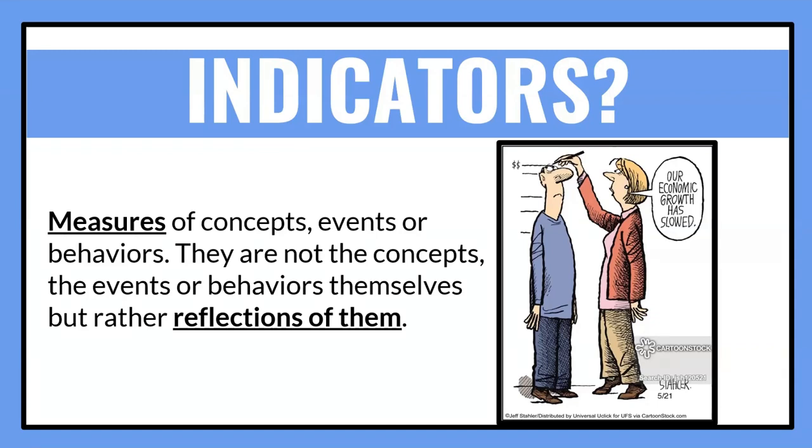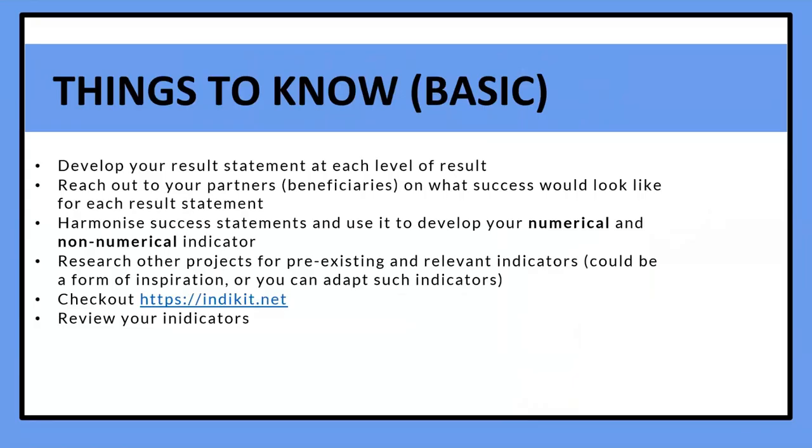So note that it is not those changes that you are trying to create, but the measurements of those changes, which in here we're talking about concepts, events, or behaviors. So some things to note: you need to develop your result statement at each level, which was what I was trying to do, right?